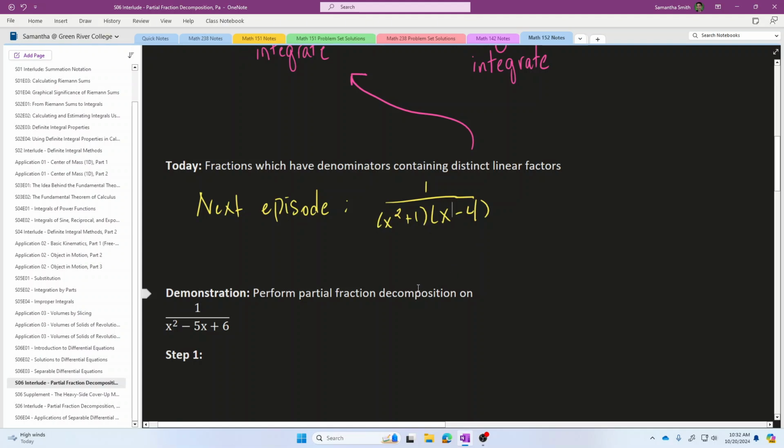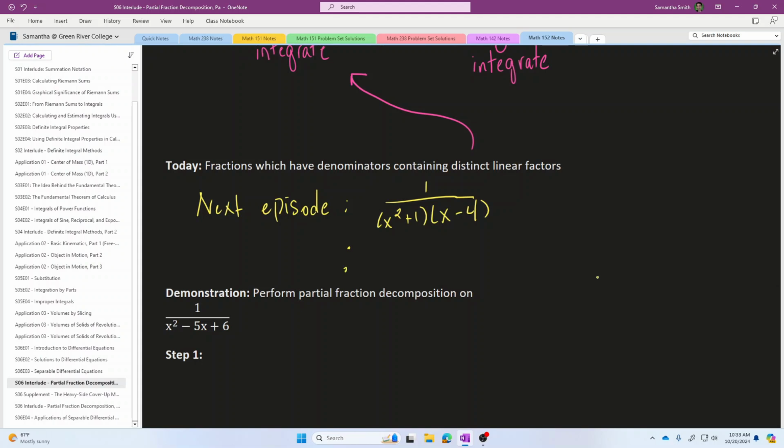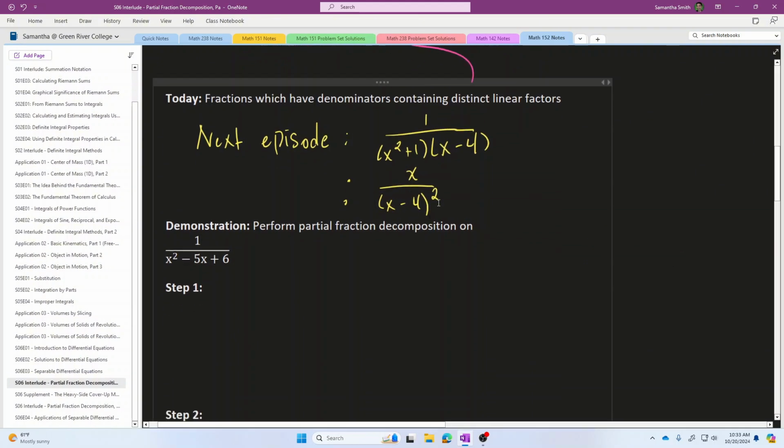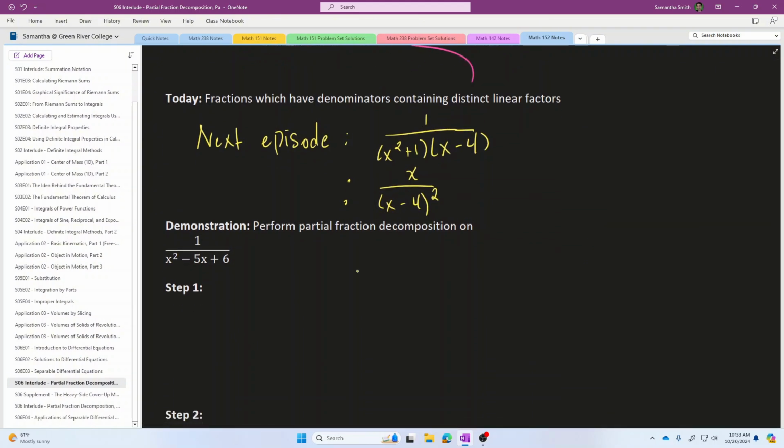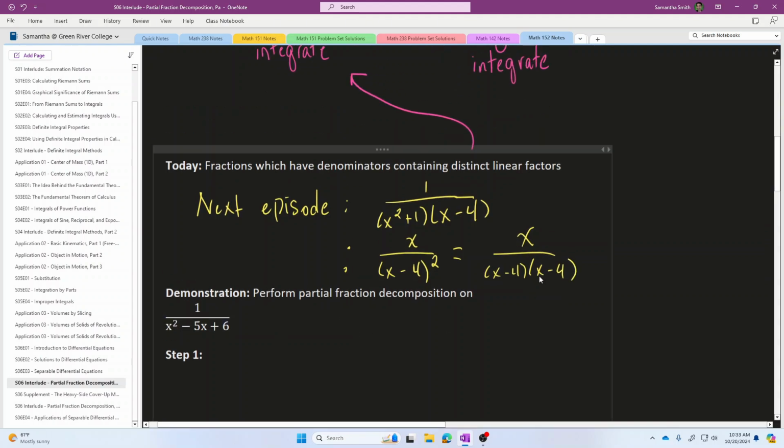So that is something that we'll learn how to deal with in the next episode. Additionally, in the next episode, we'll learn how to deal with something like x over x minus 4 squared, because this denominator contains two linear factors, but they are not distinct from one another. It's the same factor repeated in this case 2 times. So these are the kinds of things that we will learn how to treat in the next episode.